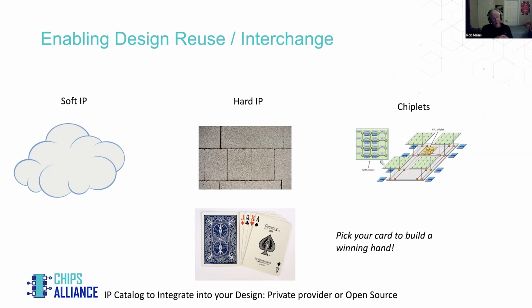There's also the notion of chiplets, as I mentioned earlier, which effectively allows you to pick different elements or things that you want to put into your overall package to instantiate your IP. So it really broadens the overall ecosystem of what you can possibly do with the product that you want to design, and allows for innovation beyond that.